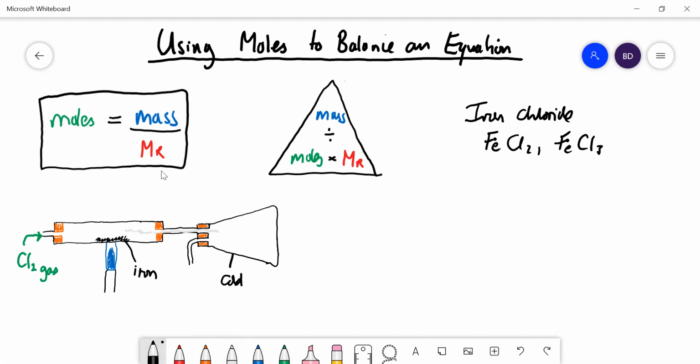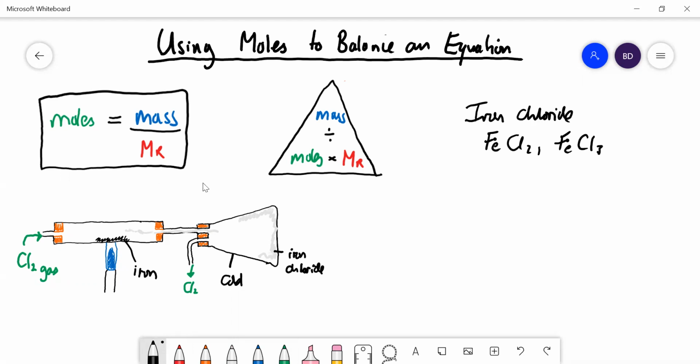It condenses, actually it sublimes, turning into a solid on the surface of the flask. Any waste chlorine gas, because that's in excess, will come out there, so you'd have to do it in a fume cupboard. So this is the iron chloride, and we want to find out what kind of iron chloride it is. Is it iron 2 or iron 3?